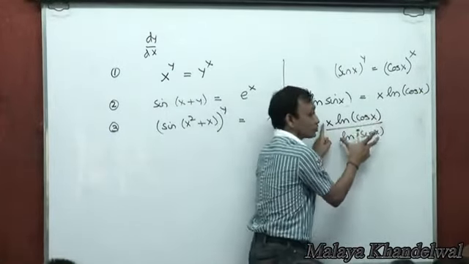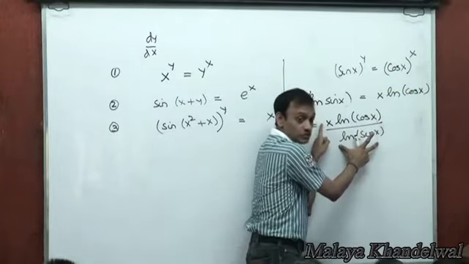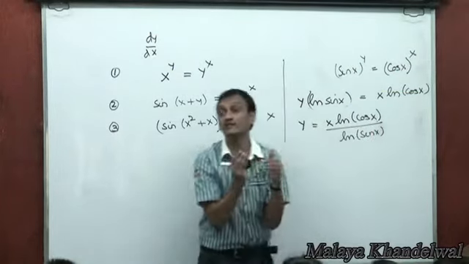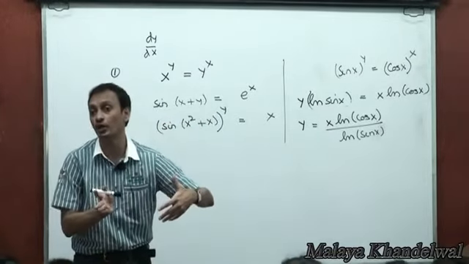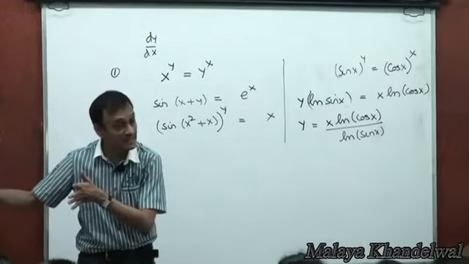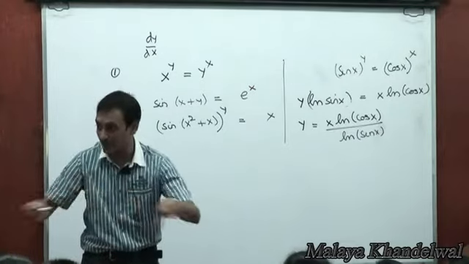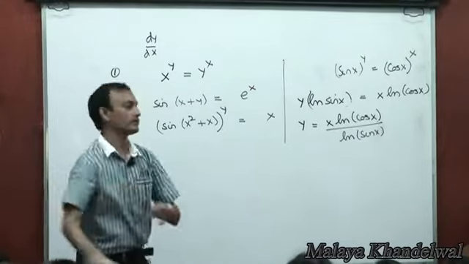Now, realize that this is a ratio of two functions. So to find dy dx, I'm going to apply the quotient rule. Quotient rule: derivative of numerator into denominator minus derivative of denominator into numerator, divided by square. Right.